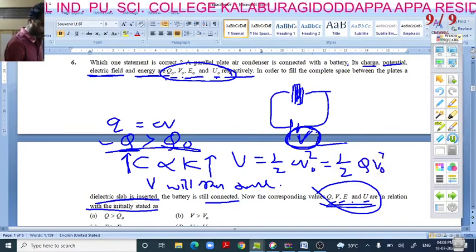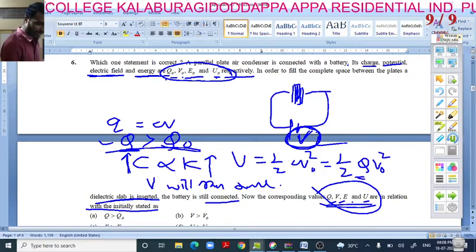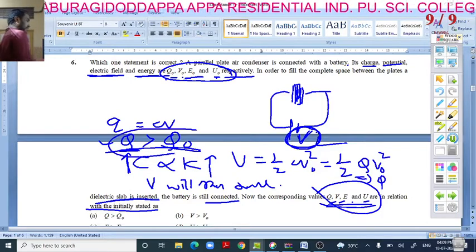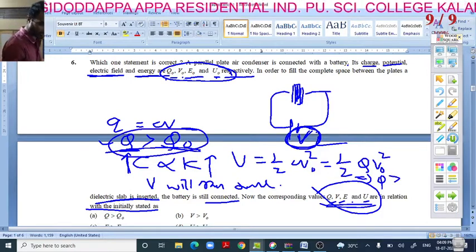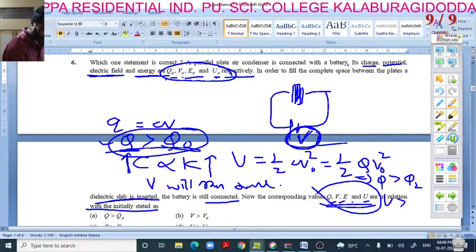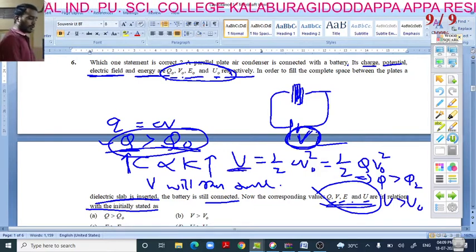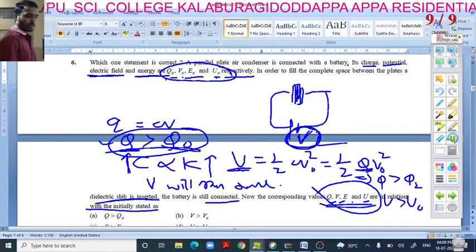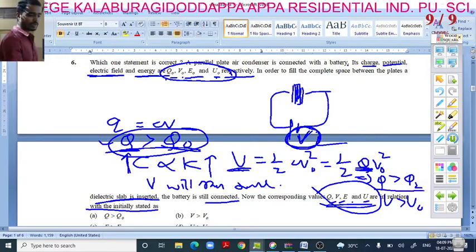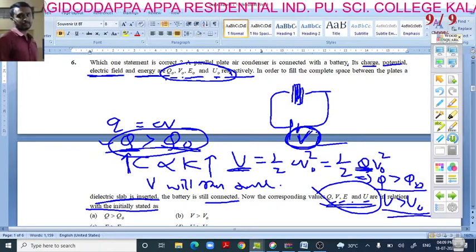With the help of this, remember, as Q is greater than Q naught, then U is greater than U naught, because U is directly proportional to Q only. If Q is increasing, then U also increases.